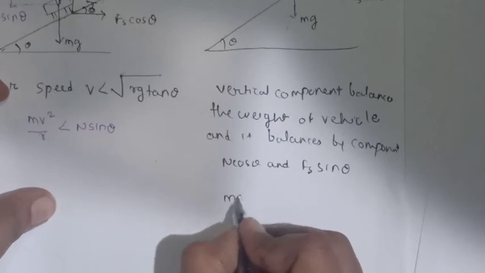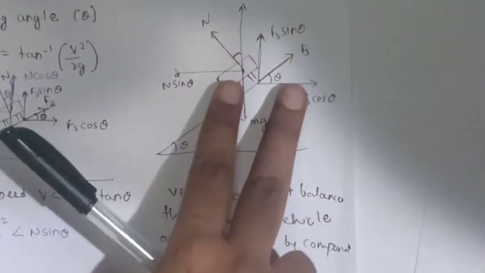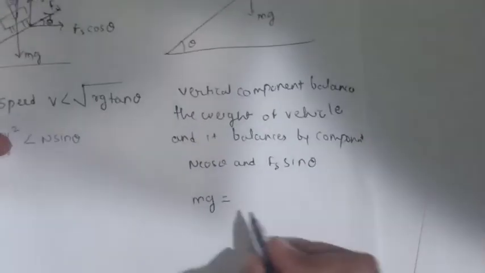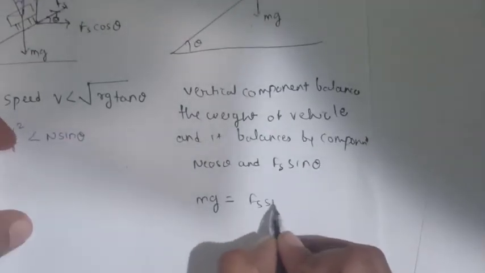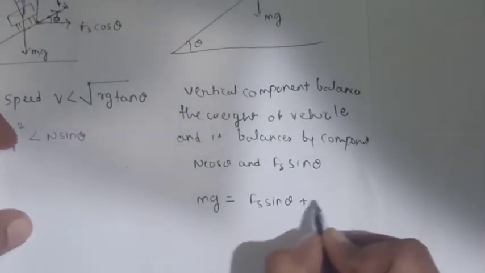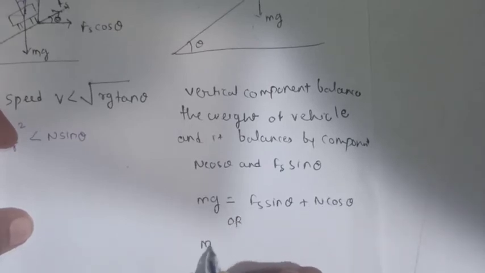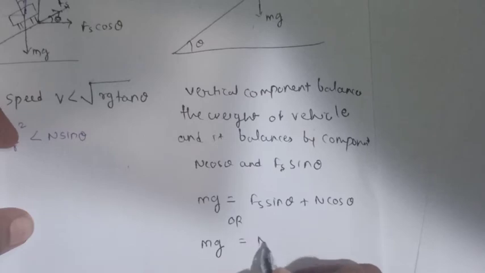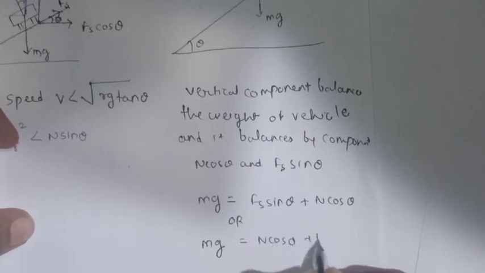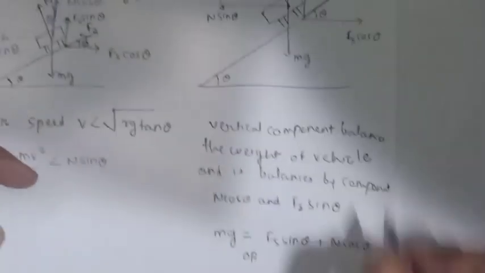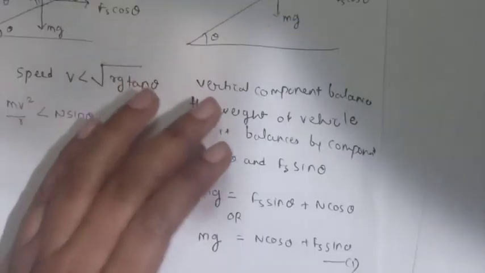So that's why you can directly write mg equals N cos theta plus Fs sin theta. That's it. So we have solved for the vertical component.